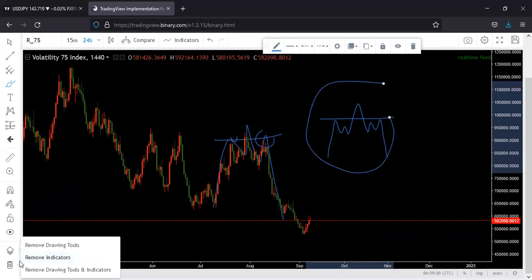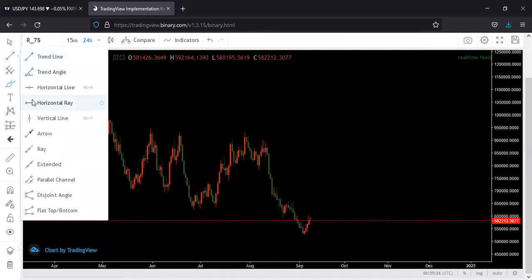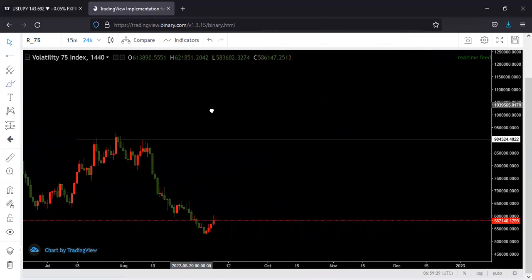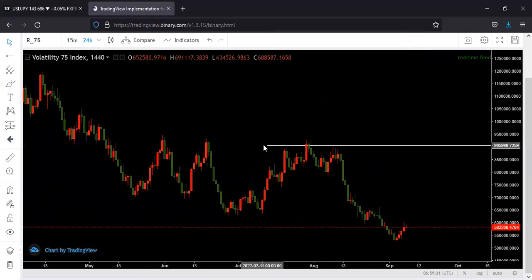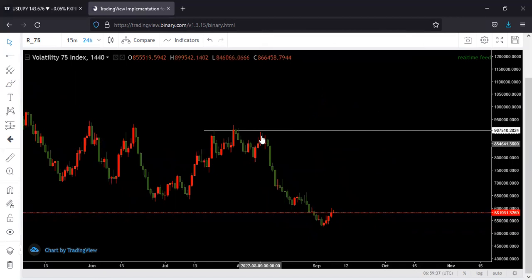So we understood that from this point here, we had something like head and shoulders. This is our first, the left shoulder, head, and the right shoulder. So someone could take this trade along this price level.